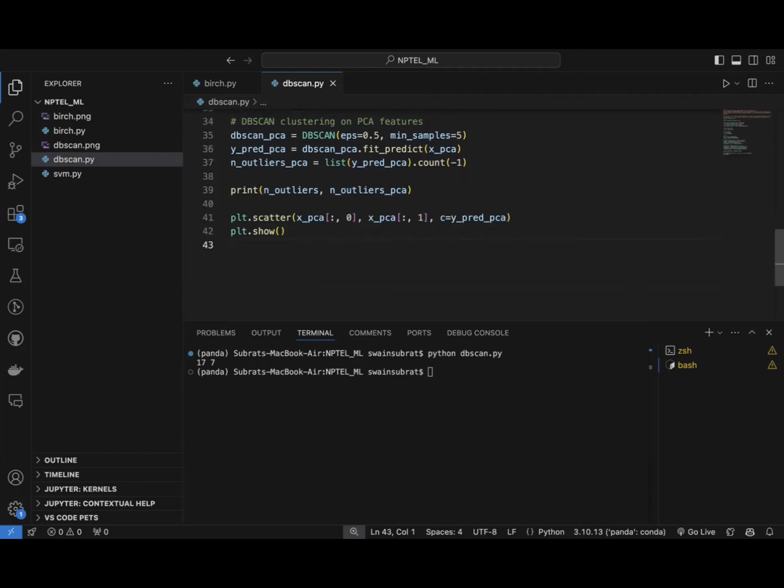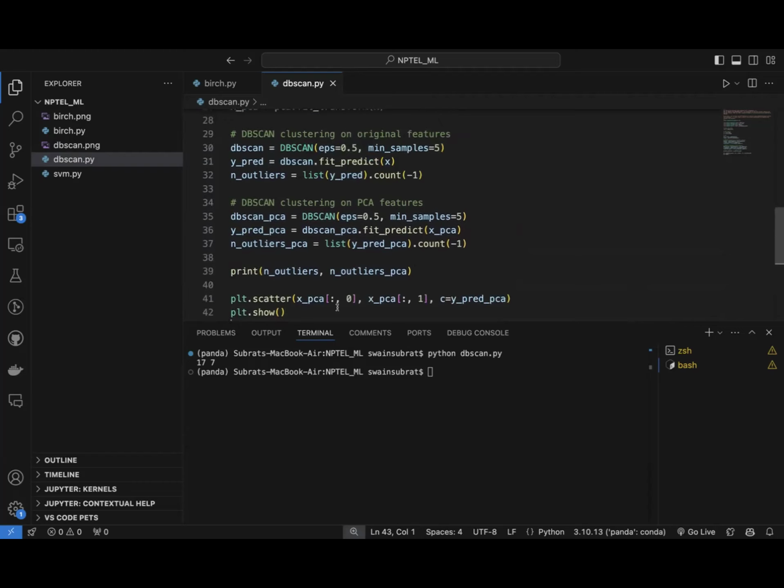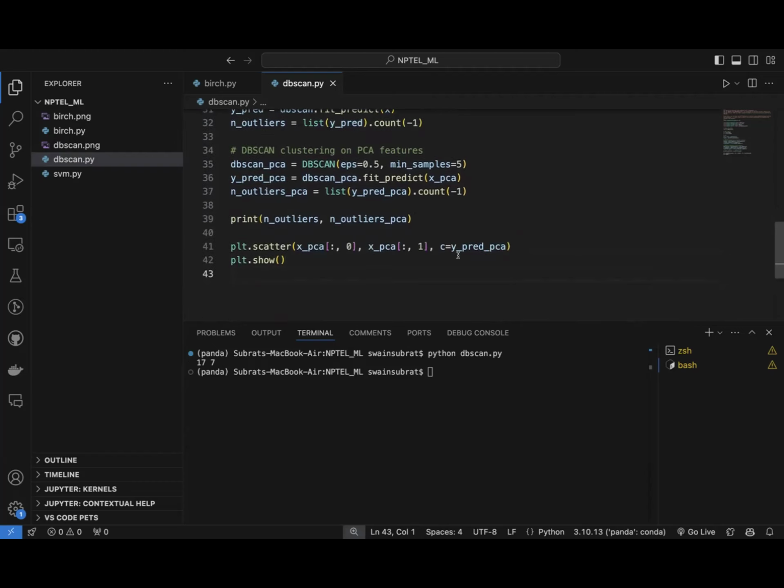For plotting the scatter plot, you just have to do this, with c equals to ypred PCA.